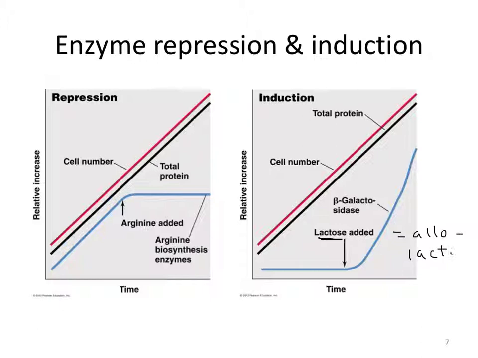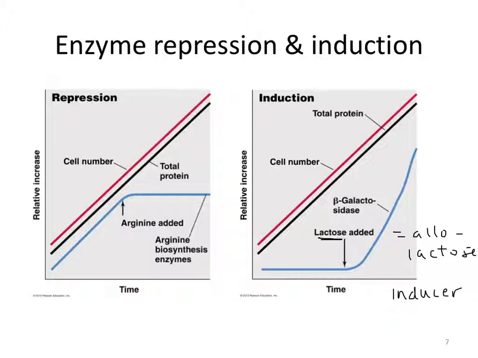And it's the allolactose itself that acts as the effector molecule. So allolactose is an effector molecule that, in this example and in that operon, serves a role as an inducer, right? It's an inducer type of effector molecule.